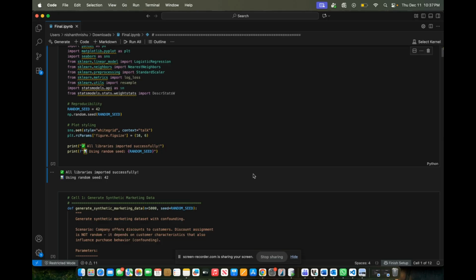Next, match treated and control customers. We pair each treated customer with a control customer who has a similar propensity score. Finally, estimate the causal effect. After matching, we compute the difference in purchase outcomes within matched pairs. This gives us the ATT, the average treatment effect on the treated.